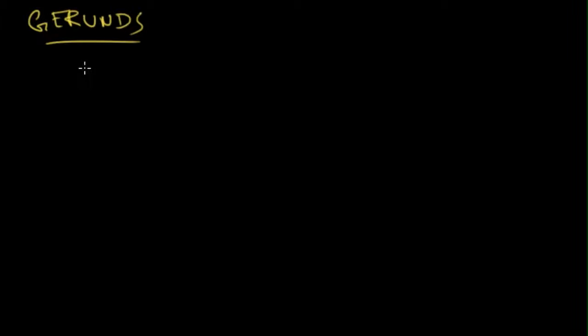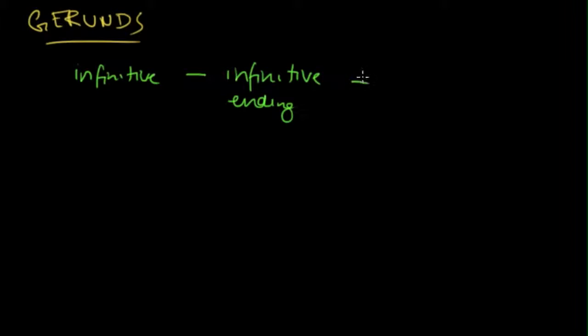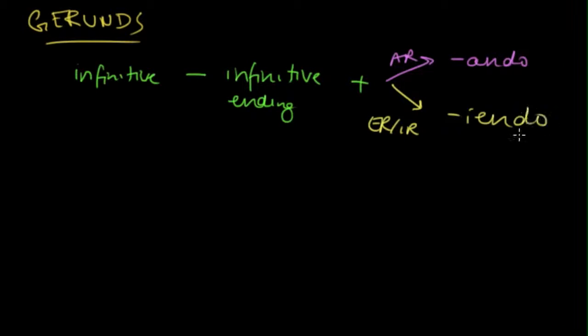What you're going to do is start with your infinitive. You're going to drop the infinitive ending, so minus infinitive ending, and you're going to add one of two things. For AR verbs, you will add ando to the stem, and for ER and IR verbs, you will add yendo.